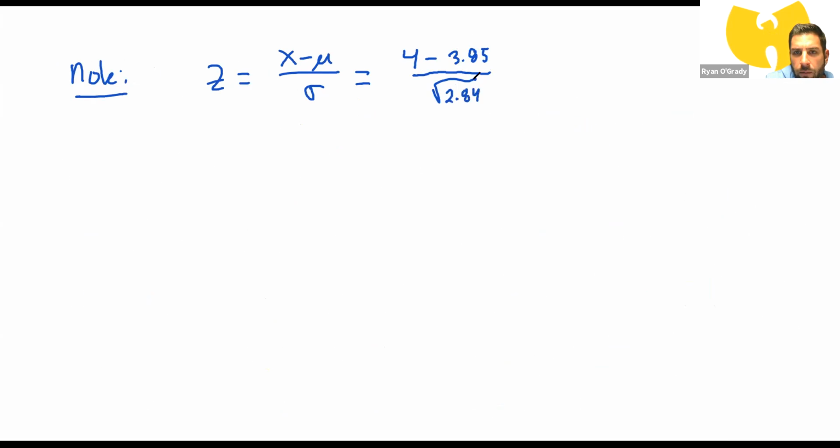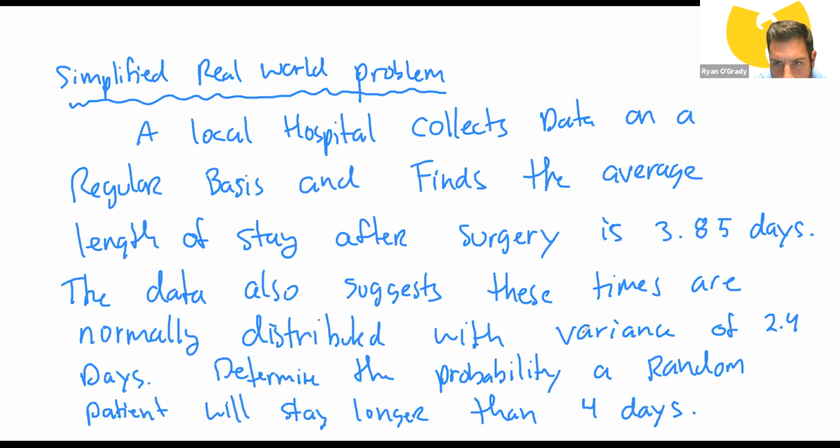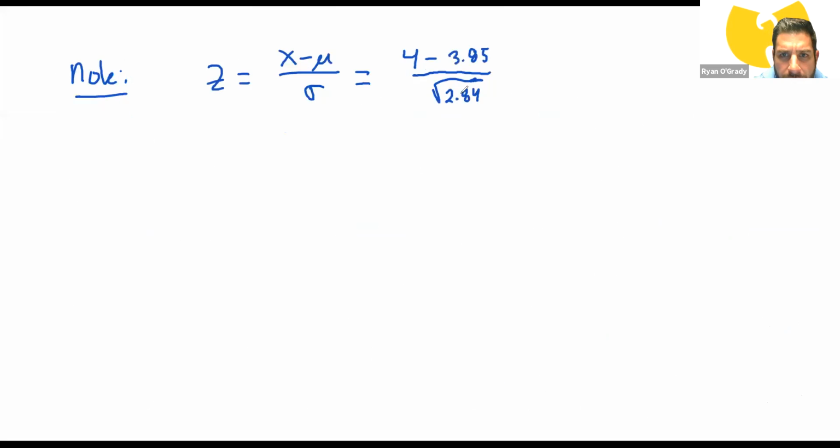Notice I put a square root down here because here's a subtlety in the problem. I gave the variance. I did not give the standard deviation. And the standard deviation is the square root of the variance. So this should be 2.4.